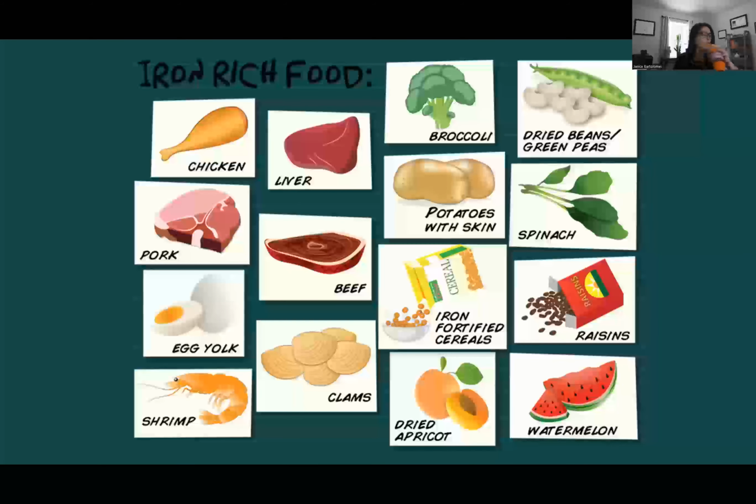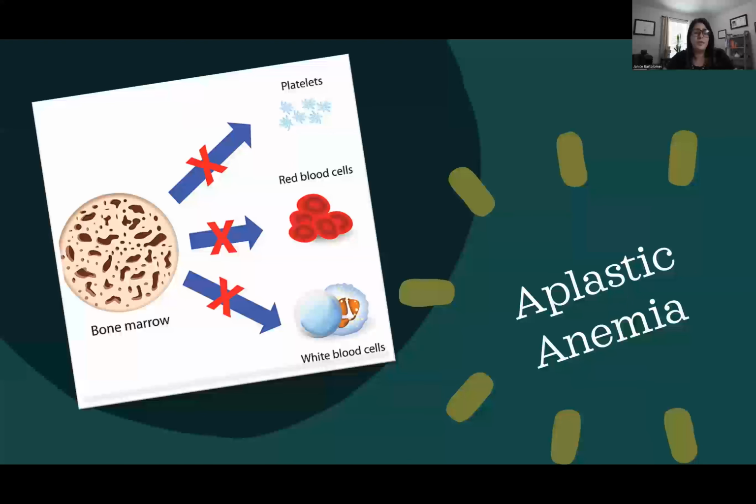For example, like liver, a lot of people don't like liver, it's not a very tasty or commonly eaten food. So if you tell a client, oh yeah, you got to eat liver now twice a week, they're going to be like, no, I don't think so. And so they're not going to follow the diet. The good thing is that you can always supplement it.